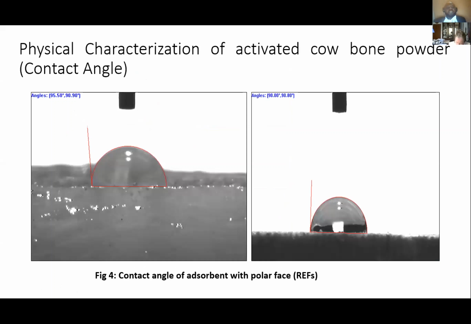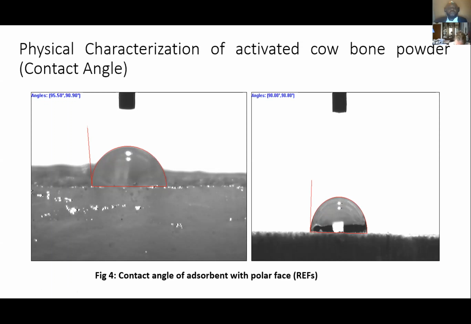Then we carried out characterization study to determine the hydrophobicity of the adsorbent. And from the characterization study using the contact angle experiments conducted using water drop penetration test, it was observed that the interaction between the water molecule and the surface of the synthesized carbon was at 95.5 degrees, and this is another contact angle experiment.